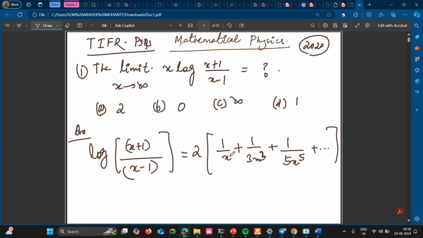Whatever the power is, the coefficient will be the same.